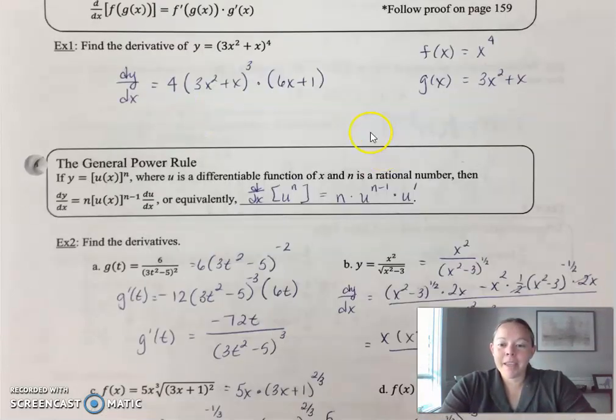Okay. Now this demonstrates what we just did, and this is the general power rule, and this happens quite frequently. So when you have an inside function being raised to a number, you just pull the number down in front, which is what they're showing you here. Subtract 1 from the exponent, and notice the inside stays the same, times the derivative of the inside. Now, I claim you've always been doing this with the power rule.